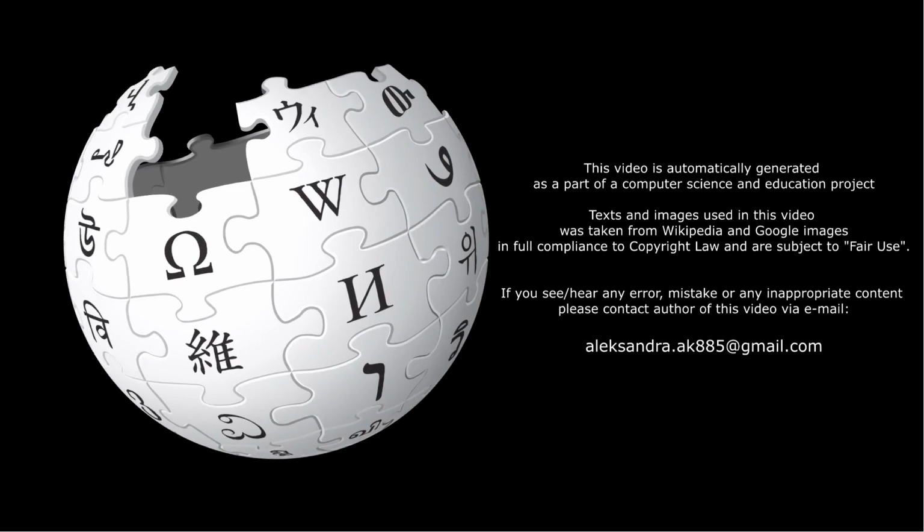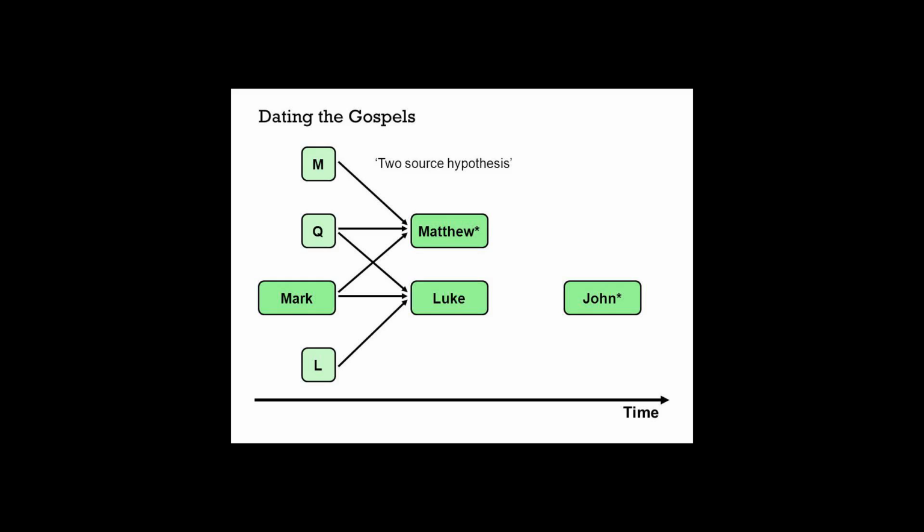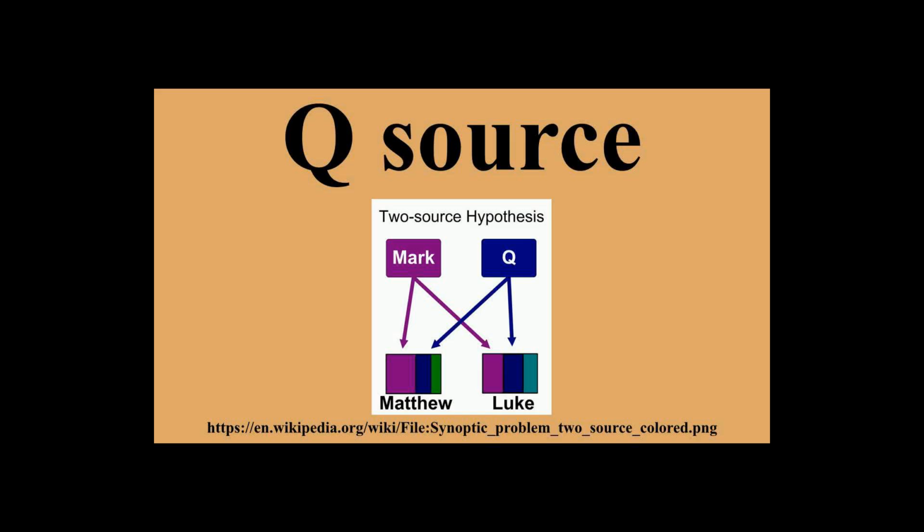Quote, problems with Q. A principal objection to the 2SH is that it requires a hypothetical document, Q, the existence of which is not attested in any way, either by existing fragments, and a great many fragments of early Christian documents do exist, or by early church tradition.